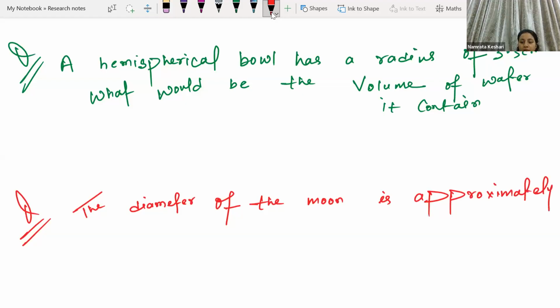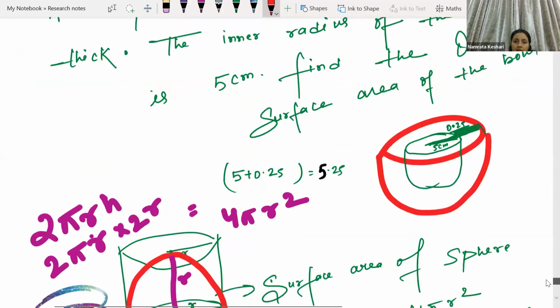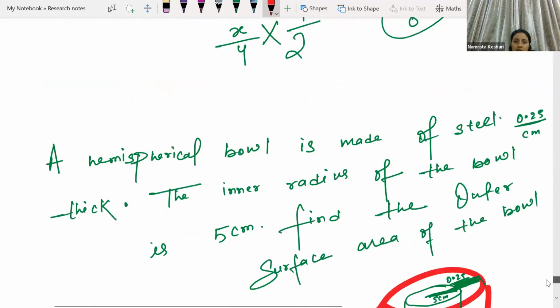Ma'am, the previous question for the hemisphere bowl, the answer is 126.265. Previous question, that was not hemisphere, that was a sphere.